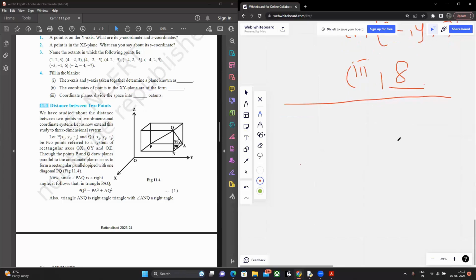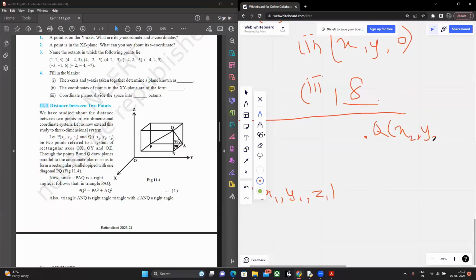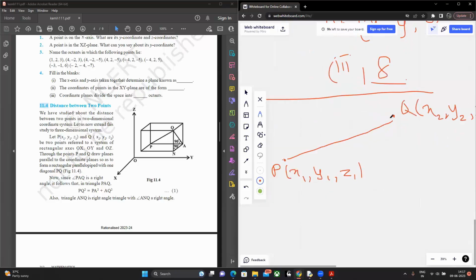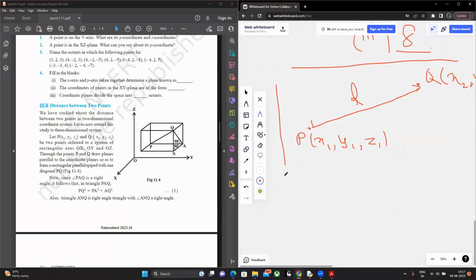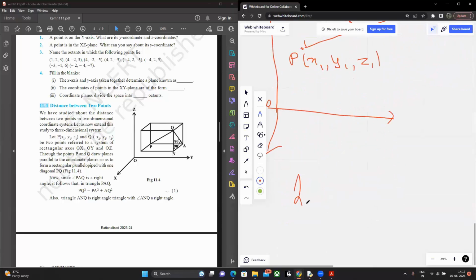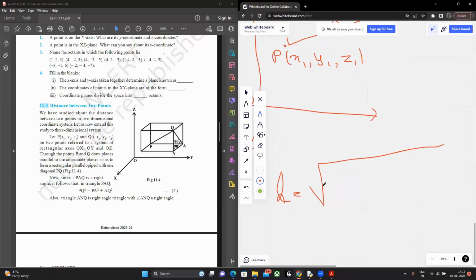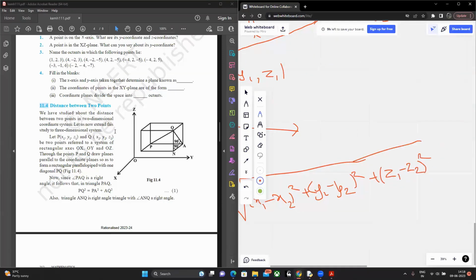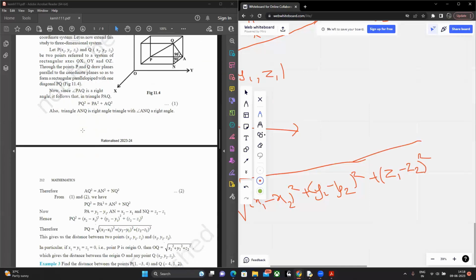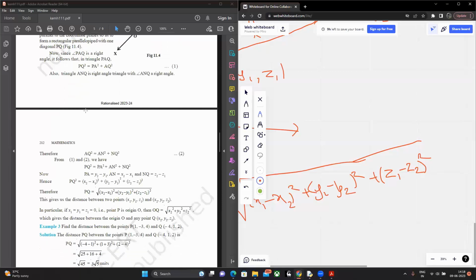So for 2 points lying in 3-dimensional space, P of x1, y1, z1, and Q of x2, y2, and z2, the distance d between them is d equal to square root of x1 minus x2 the whole square plus y1 minus y2 the whole square plus z1 minus z2 the whole square.